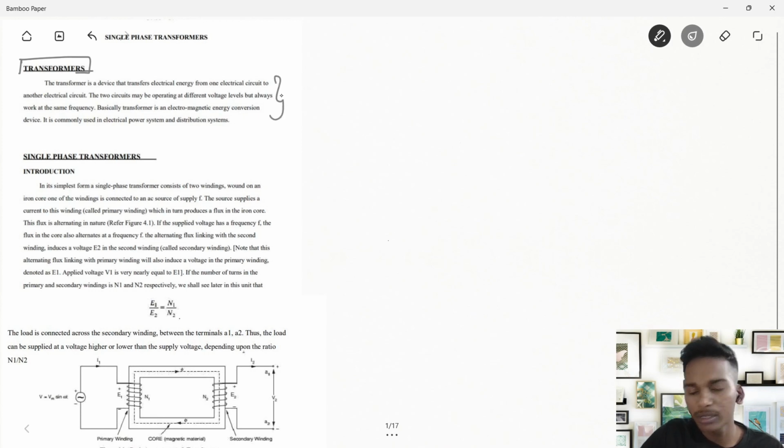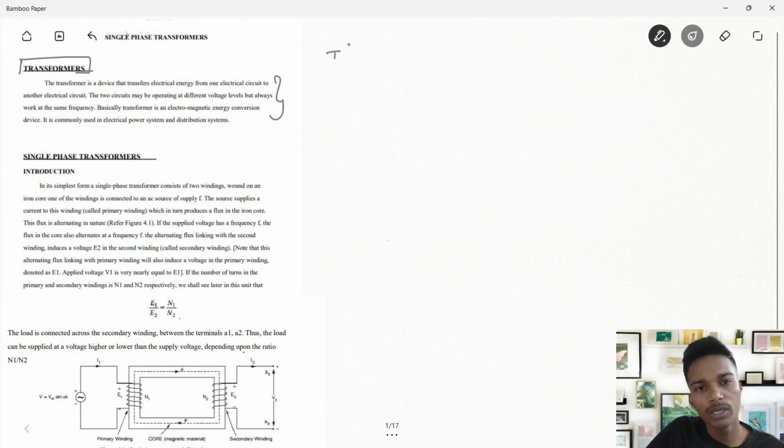They have given some definition of a transformer, but why are transformers used? A transformer is an electrical device which converts electrical energy from one circuit to another circuit. Why do we use transformers?